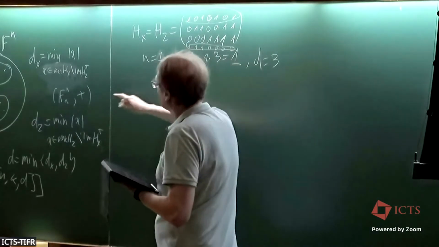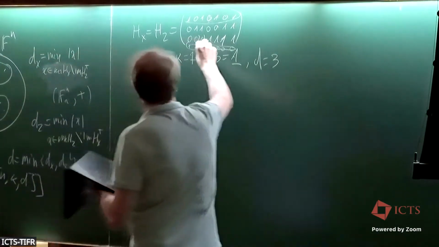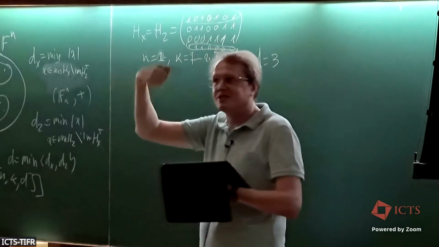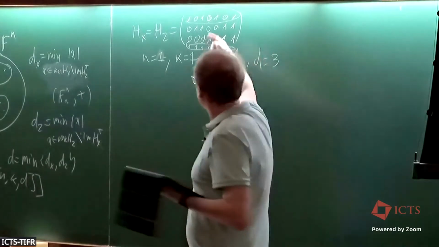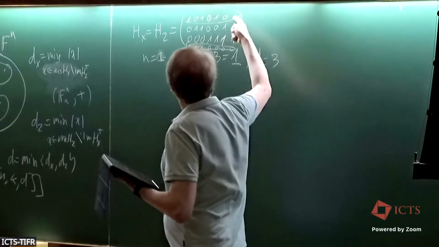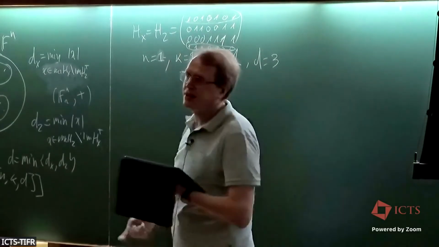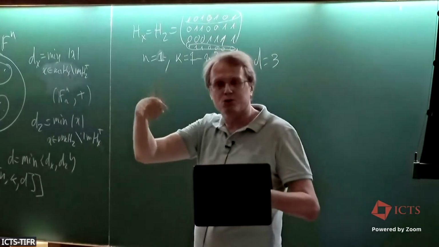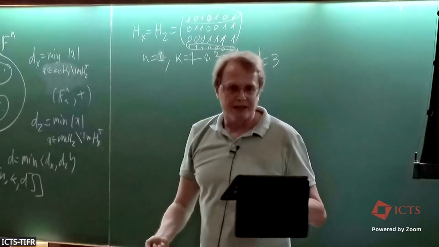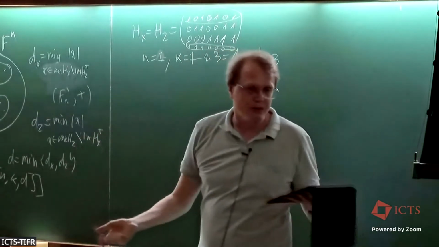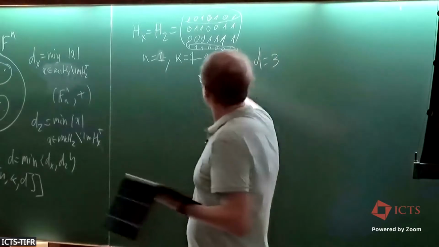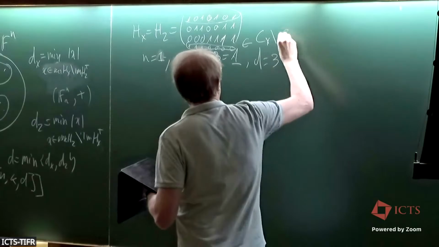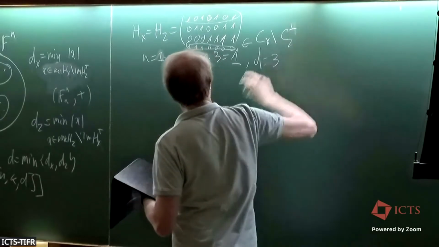You need to find a code word of the Hamming code that cannot be generated as a linear combination of parity checks. But since all these checks have even weight, when you take linear combinations of them, you also get a vector of even weight. But this is a vector of not even weight. So you cannot generate it. So this is indeed from CX, but not from CZ orthogonal.